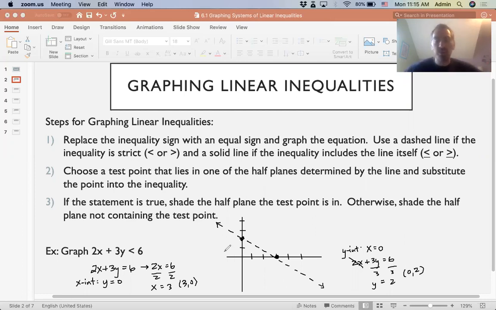It does not matter which point that you choose, but I'm saying that if the origin is available, the only reason that the origin would not be available is if the line went through the origin already. If the point (0, 0) lies on the line, then you couldn't use it. Otherwise, you can use it. Such as in this case, the origin lies right below this line. So I'll use this as my test point.